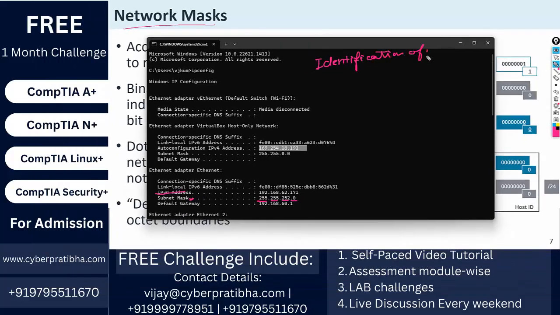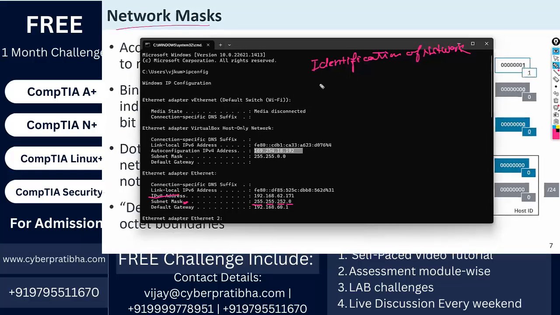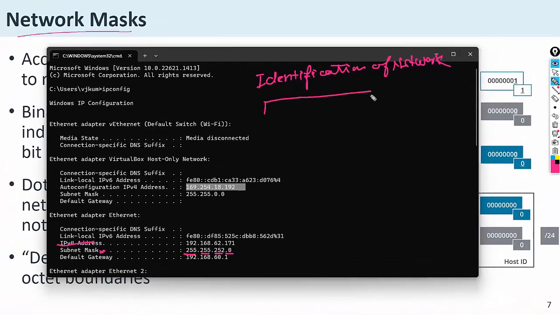For example, here is an IP address which has 4 octets. The 4 octets have different values, but some are defined as the network ID, another as the host ID. So the subnet mask will define how much of this is the network ID.